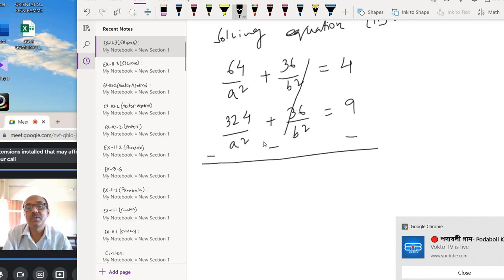Then 324 minus 64 is 260. 260 by a square and sign is minus.